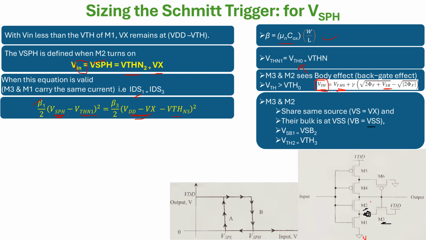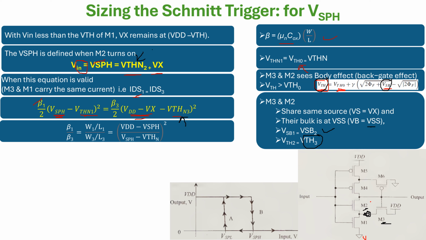Naturally, VSB is equal for both devices, and because VSB is the same, VTH should be the same for both. So I can replace VTH N2 with VTH N3, and that is the reason I can use VTH N2 here also.